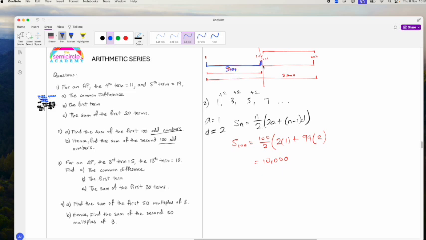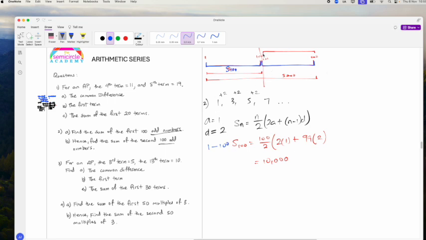Now we have the second 100 odd numbers, and they want us to find their sum. This formula, when you find S100, gives you the sum from 1 to 100, the whole thing.